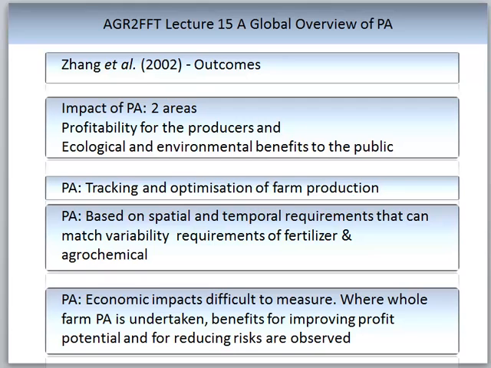This tends to be based on the ability for spatial and temporal requirements to be matched to variability requirements of your fertilizer and/or your agrochemical applications. It has been noted in this paper that economic impacts can be difficult to measure. Where whole farm PA is undertaken, benefits for improving profit potential and reducing risk can be observed.